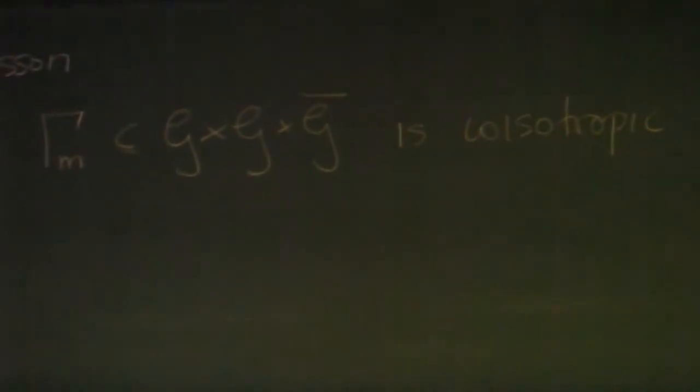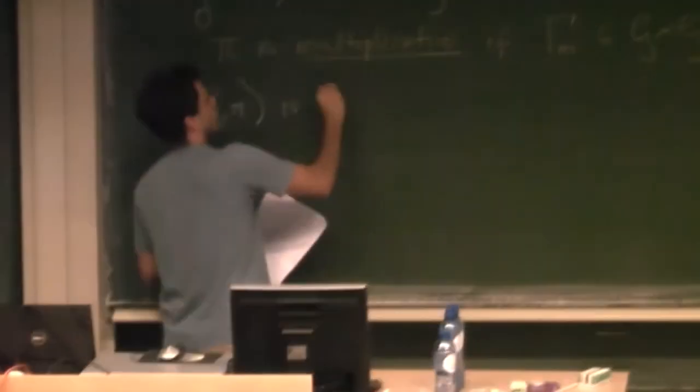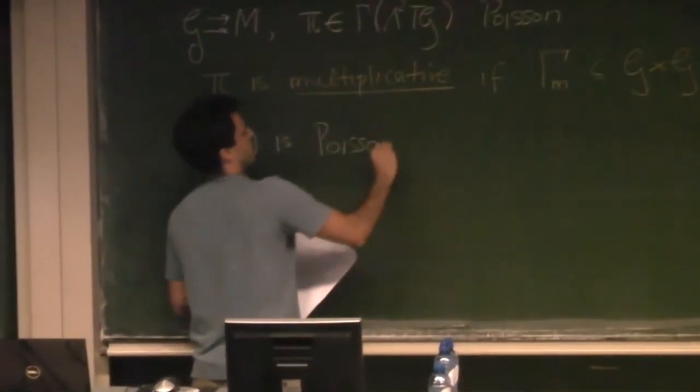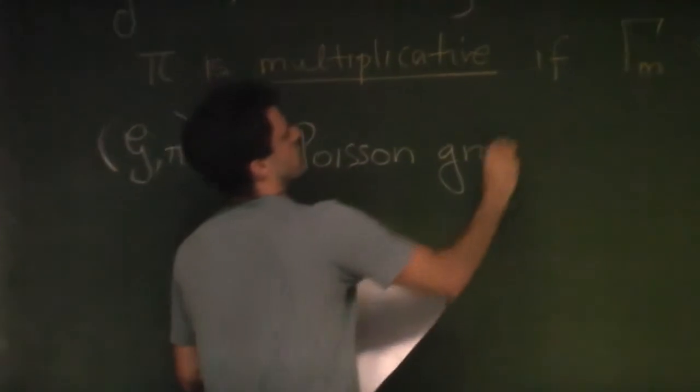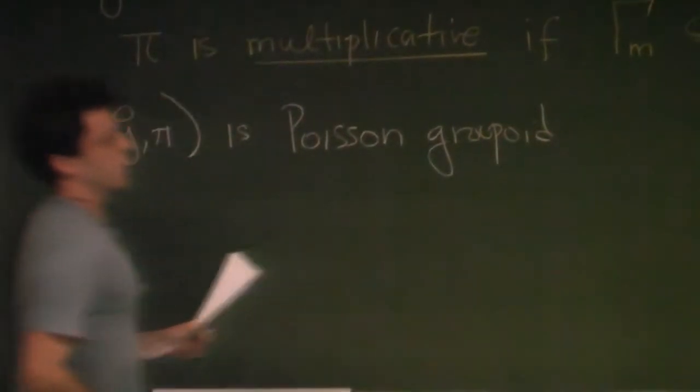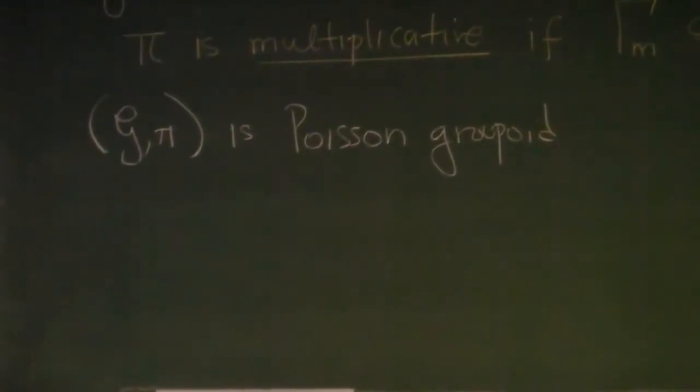I'll remind you what that means. And in this case, the pair is a Poisson groupoid. So this is also a notion that goes back to Alan Weinstein.